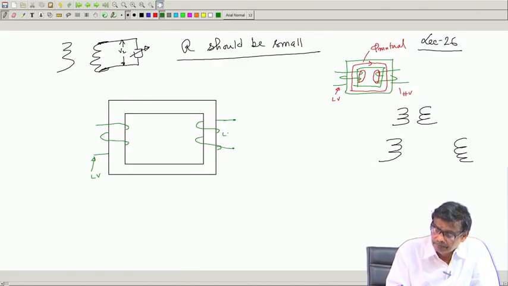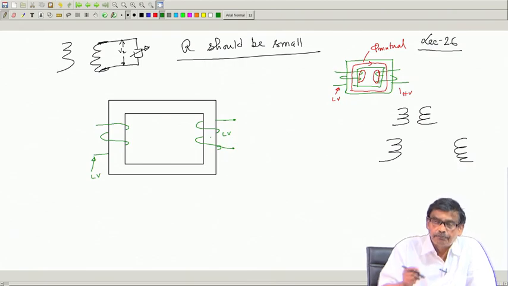This is also LV, half of LV turns on this limb and half of LV turns on this.